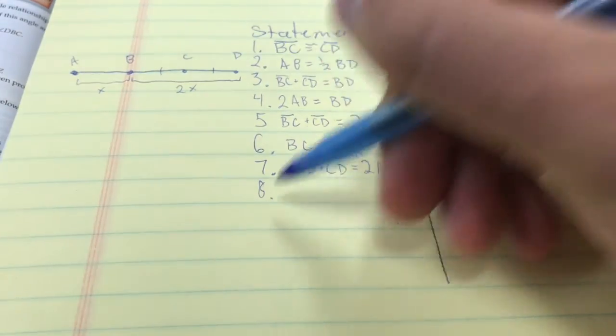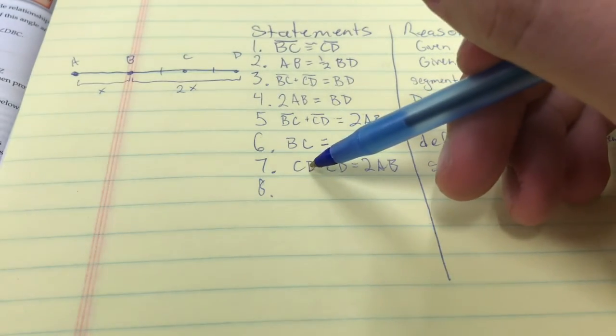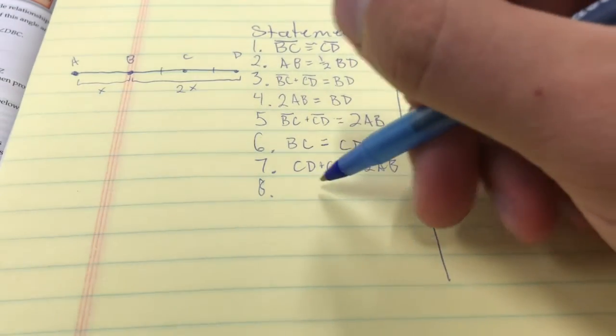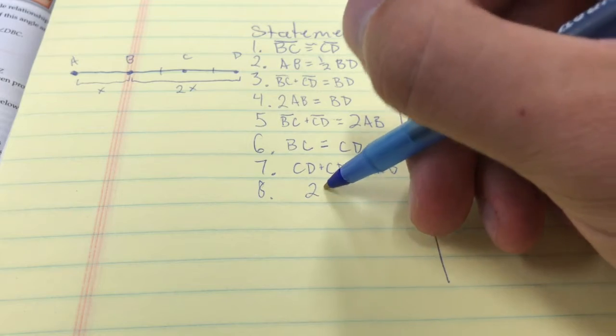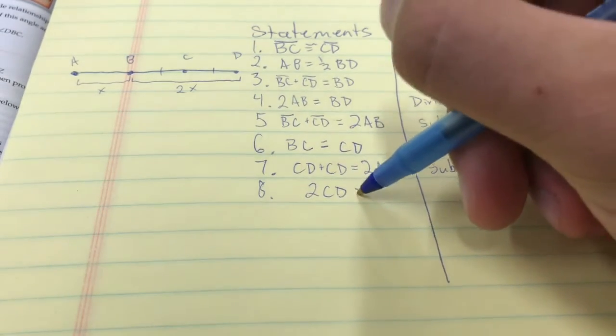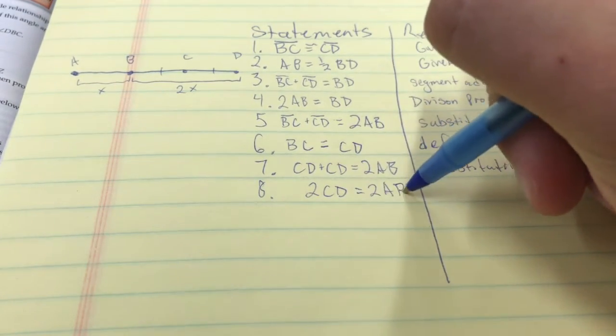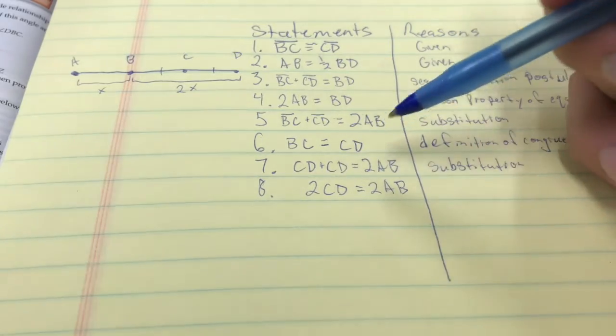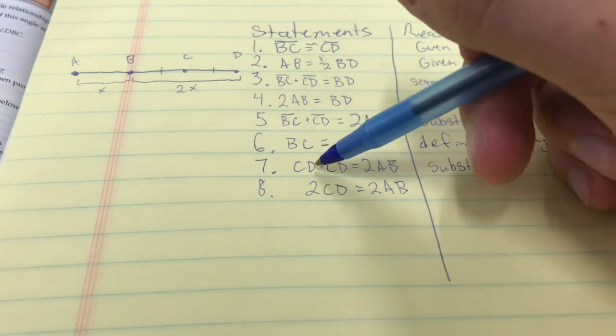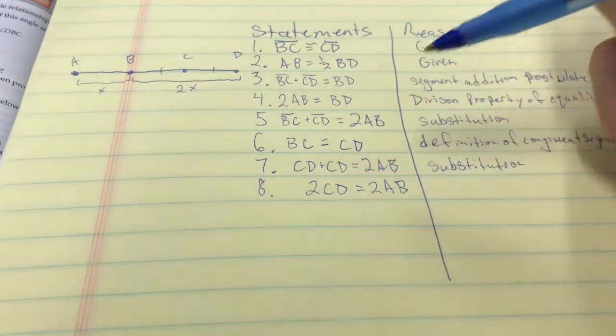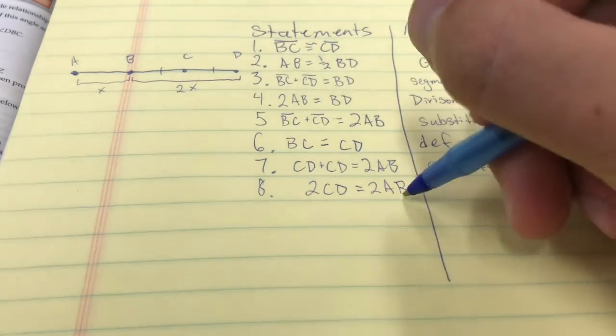And then next, I'm going to say CD plus CD, that's the same as saying 2CD is equal to 2AB. And one thing you might have to say is that CD equals CD by reflexive, but I'm going to skip over that one.